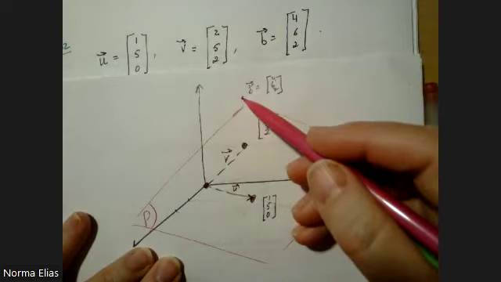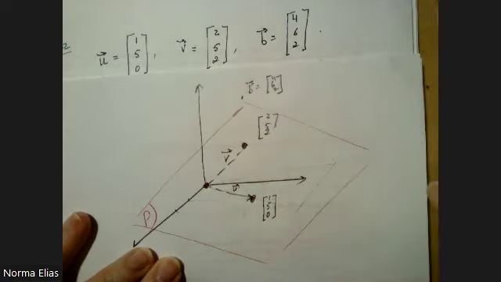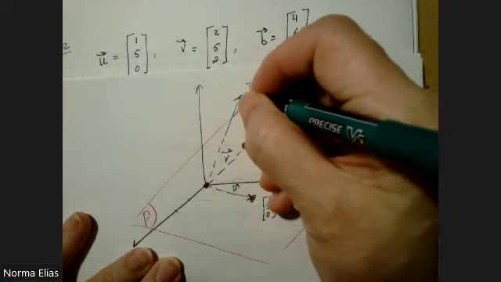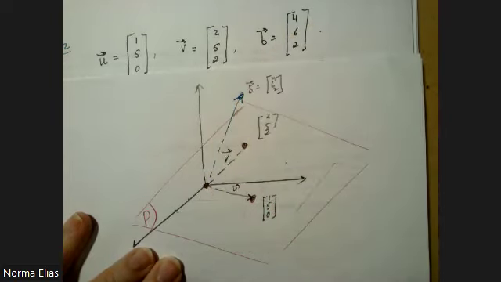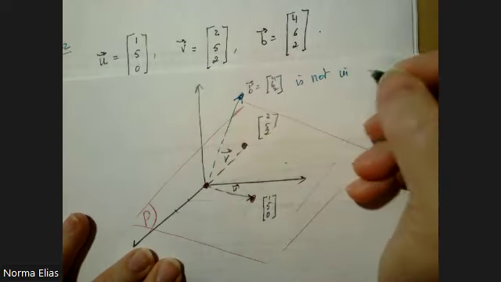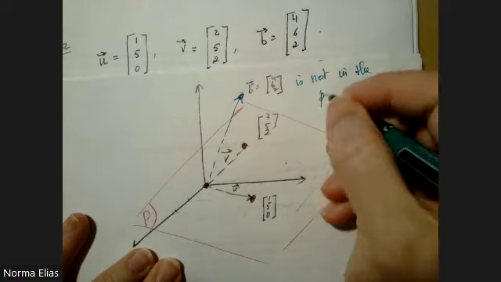So if B is not a linear combination, it means the vector B, this point here, is not in the plane P. That's really what's happening geometrically.